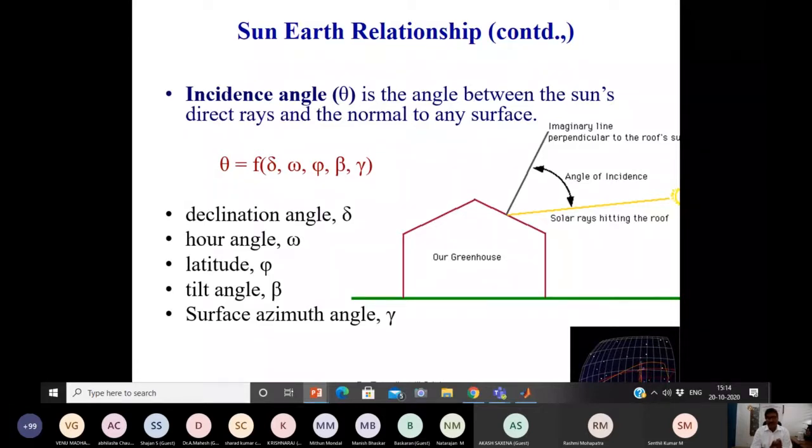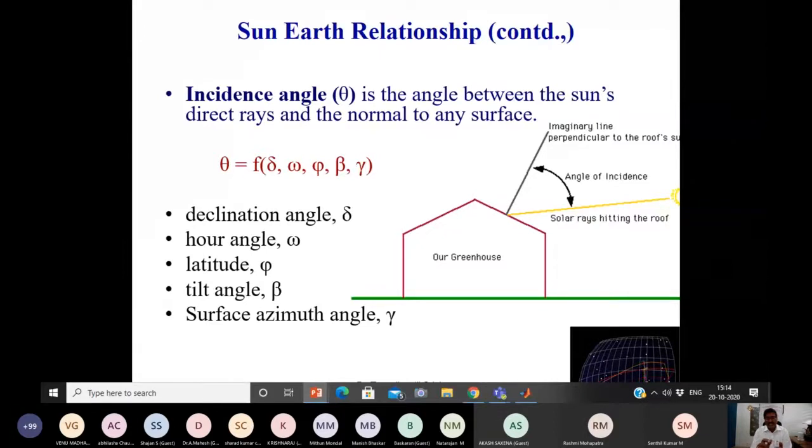The first 3 variables are declination, hour angle and latitude. Declination deals with the date. Today is October 20, so we can find the declination, because the declination angle changes every day from minus 23.5 degrees to plus 23.5 degrees due to the tilting nature of the axis.